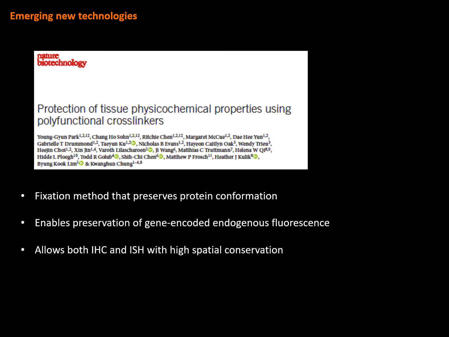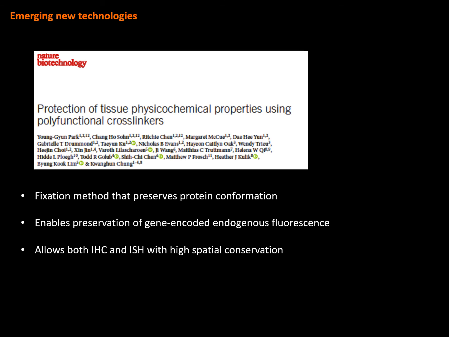A new emergent technology that I think is going to be quite promising is fixation with polyfunctional cross-linkers. This is a technology that is still quite expensive, but this fixation method preserves the protein conformation of your samples, so much so that it preserves the endogenous fluorescence of gene-encoded fluorophores like GFP and mCherry. It's quite advantageous.